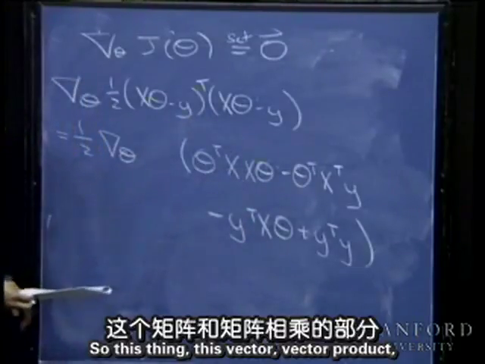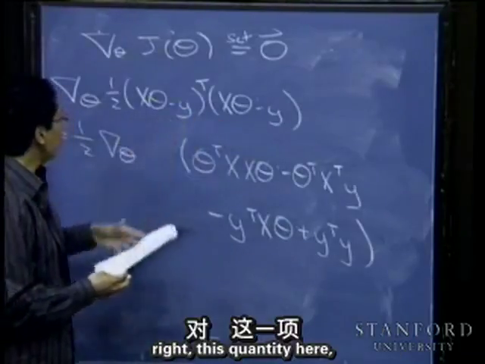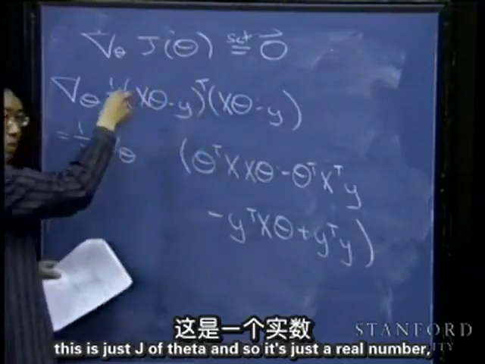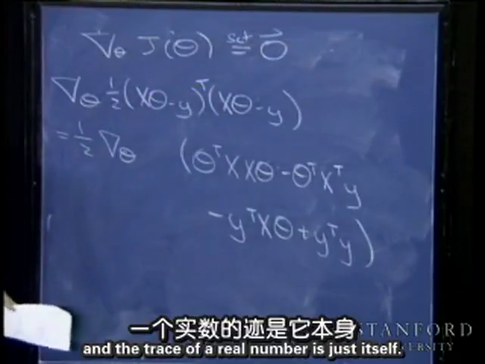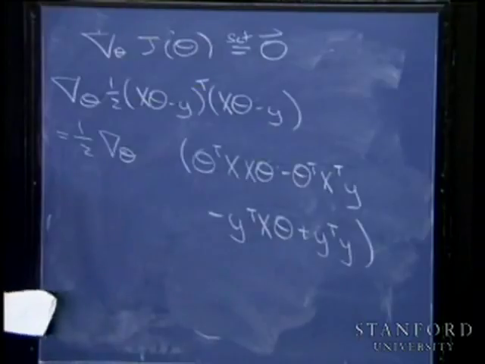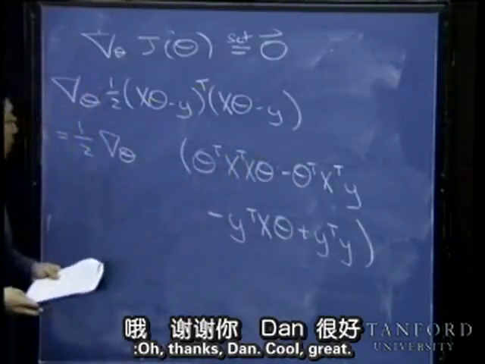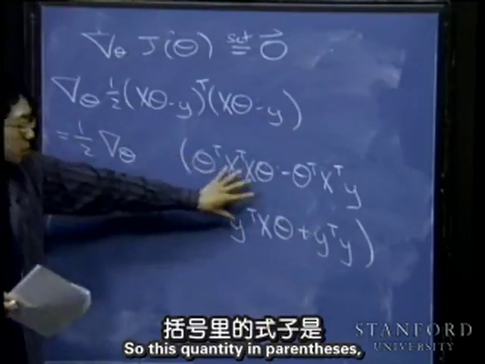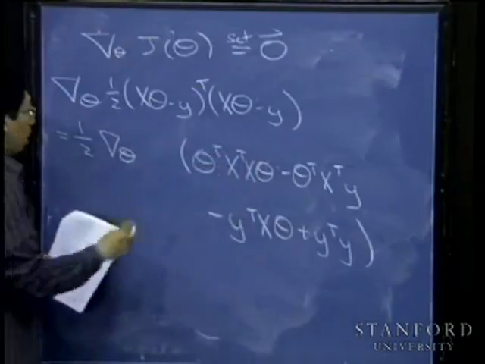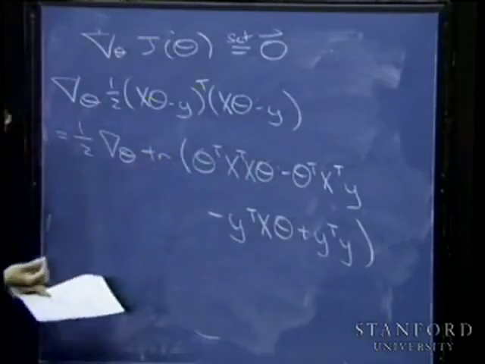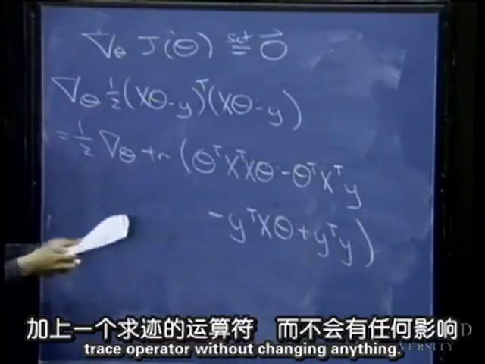So this vector-vector product, this quantity here, this is just J of theta, and so it's just a real number. And the trace of a real number is just itself. Right. So this quantity in parentheses is a real number, and so the trace of a real number is just the same real number. And so I can take a trace operator without changing anything.